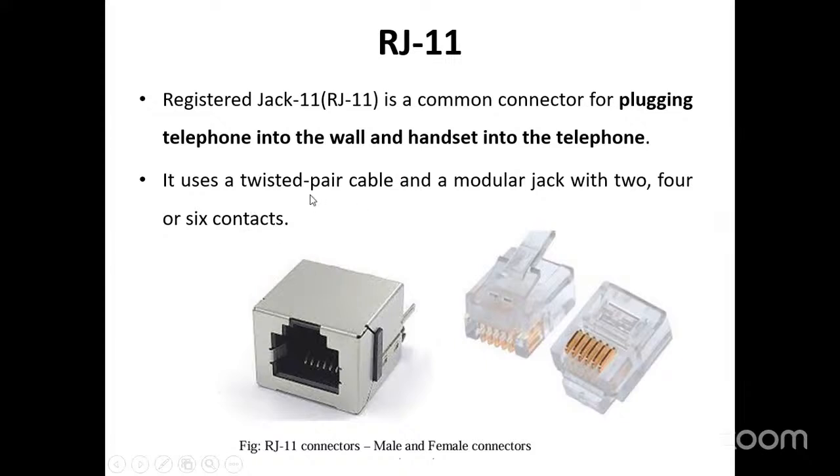In our last session, we covered what a twisted pair cable is. So RJ11 uses a twisted pair cable and a modular jack with 2, 4, or 6 contacts. You can observe the images related to the RJ11. In this RJ11 also, we have male and female connectors.